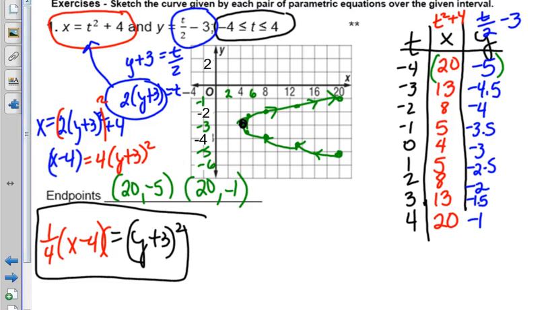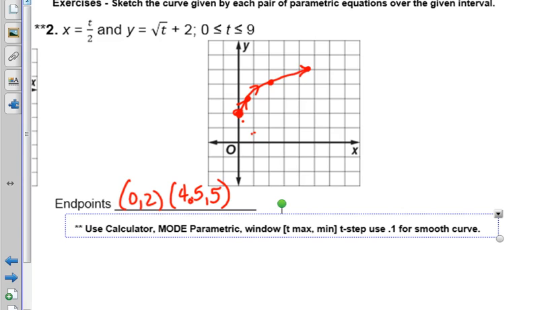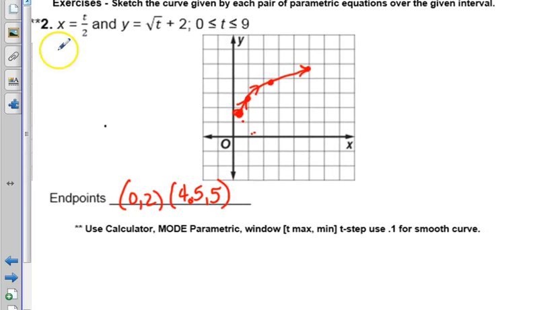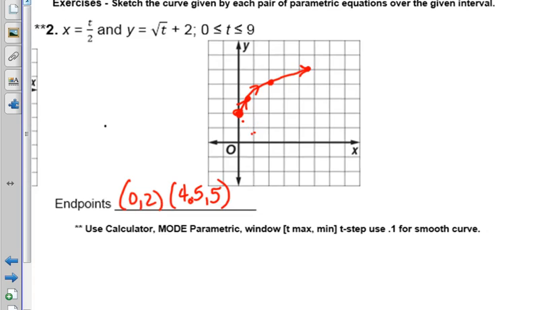Okay. What about number 2? How could you get the y by itself here, or get rid of the t? So you would have 2x equals t, so you'd have y equals what?